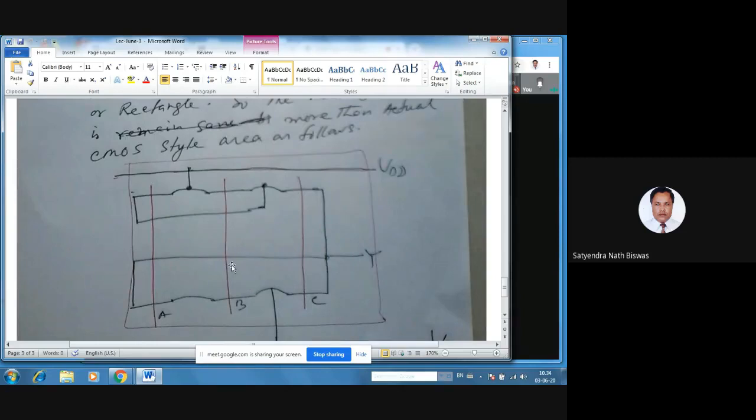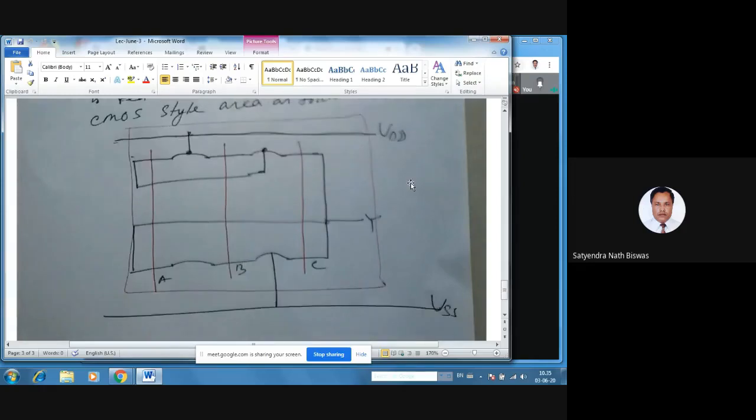Right? So there is one VDD and one VSS here. So this is the diagram, right? And we can make the layout from there. So now look at the area. How much is the area? The area will be this much, right? From here to here will be maybe the x-axis, and the y-axis will be here to here, right? This is not the right one. This is a mistake. It will go up to this point. So this will be a rectangular area, right?